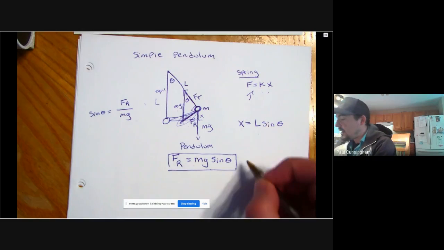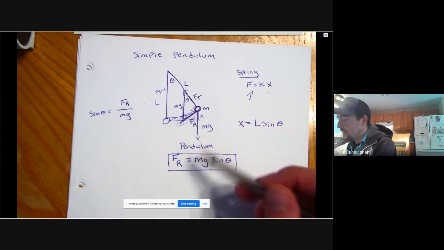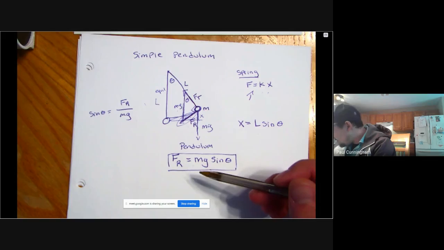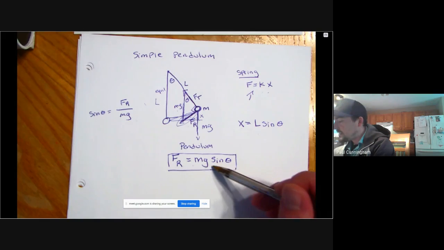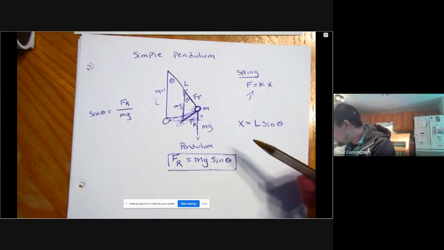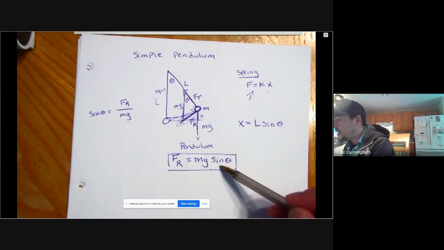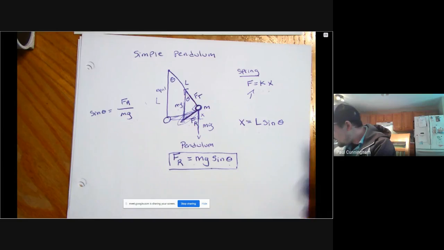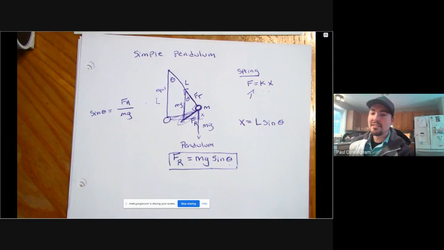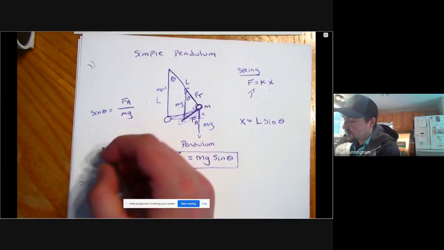So notice for a spring, it's F equals kx. For a simple pendulum, we have mg sine theta. And so what we can do here is basically a little bit of substitution and understanding this idea.